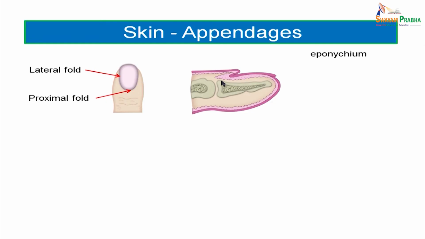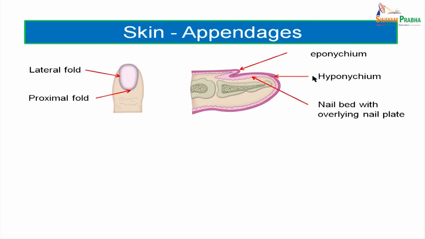In fact, this region is the actual germinative zone, which is highly proliferative and gives rise to the other cells. This skin which projects over the base of the nail is referred to as eponychium, and this portion which is in relation to the free edge of the nail is referred to as hyponychium, and this is nothing but the nail bed with the overlying nail plate.